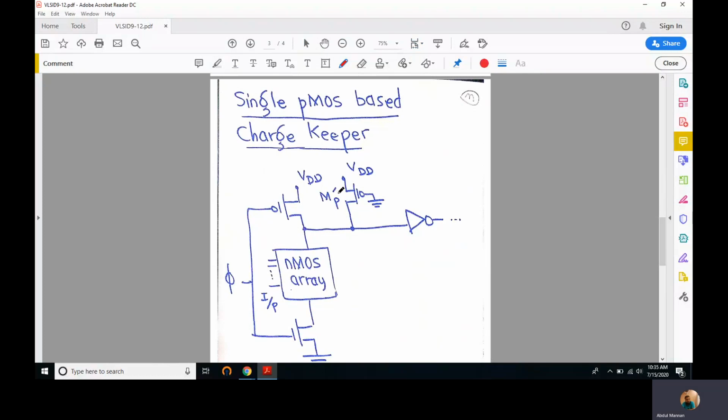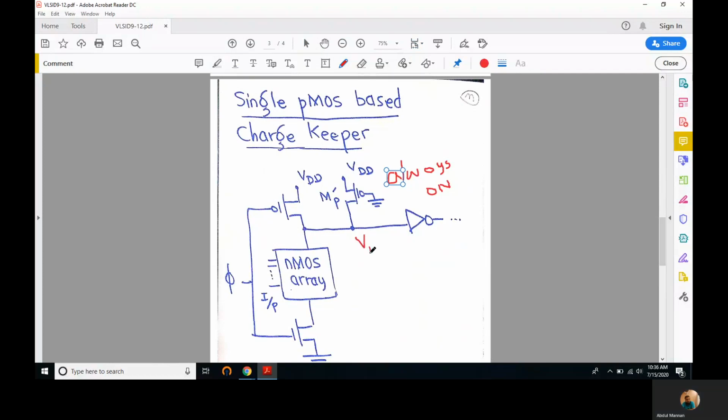MP prime. This MP prime is a PMOS transistor that is always on, like we have in the case of pseudo NMOS. Why is it always on? Because once this PMOS is on, the VDD that is there at the source is here.